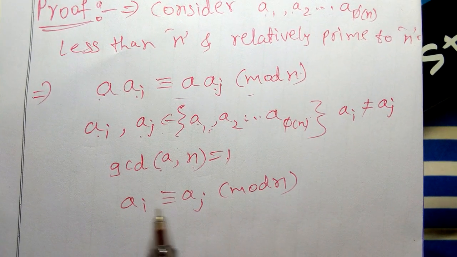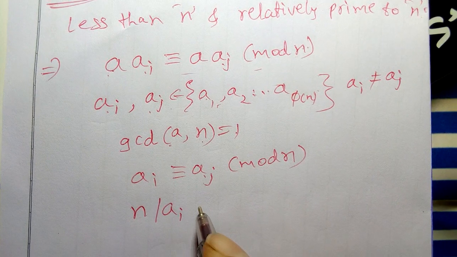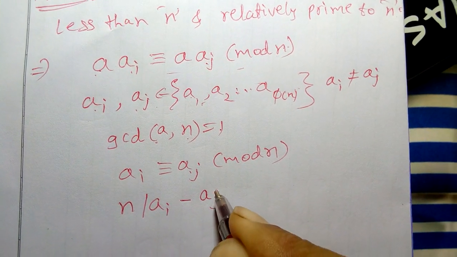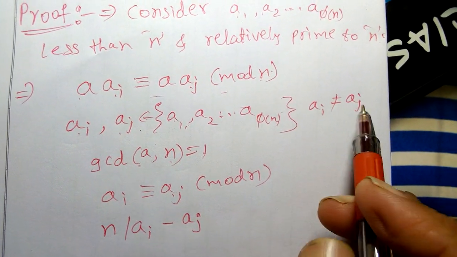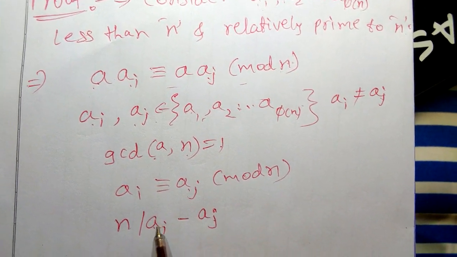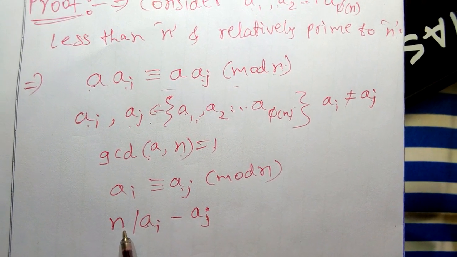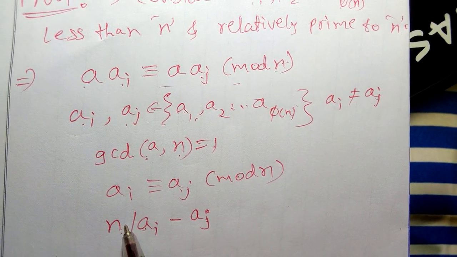What does this mean? This means that n divides ai minus aj. We know that ai and aj are not equal, so this is not equal to 0, and also ai and aj are less than n and relatively prime to n.